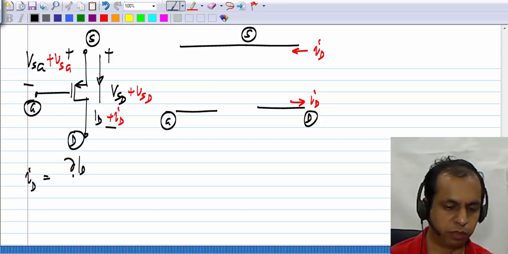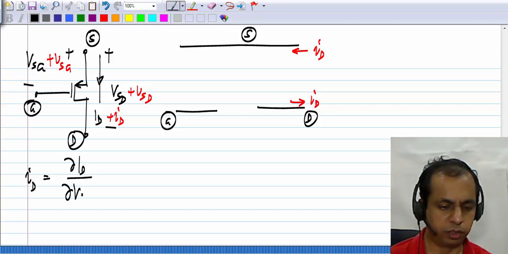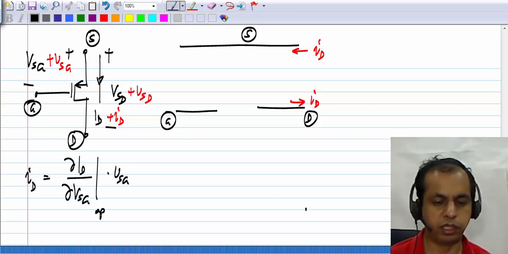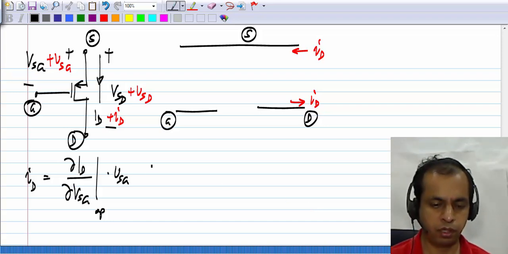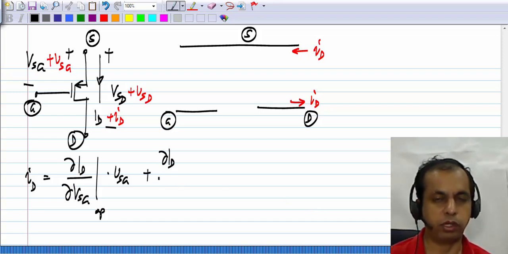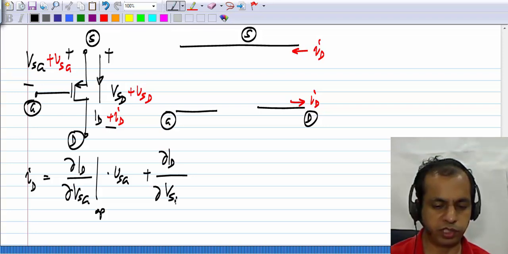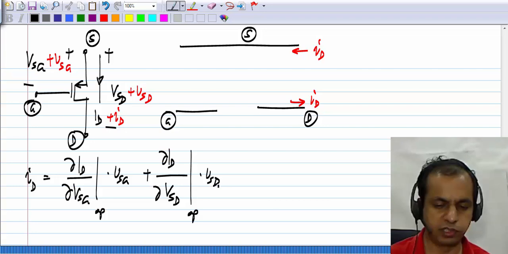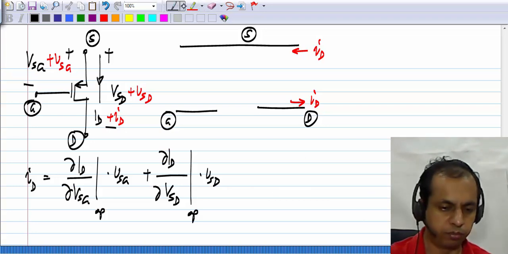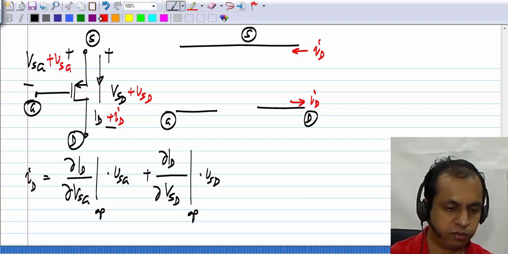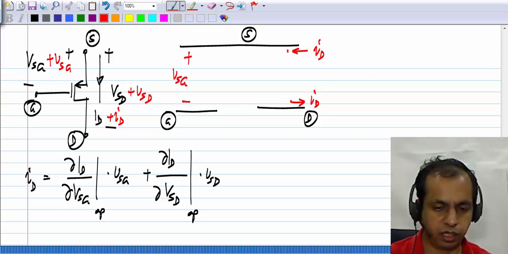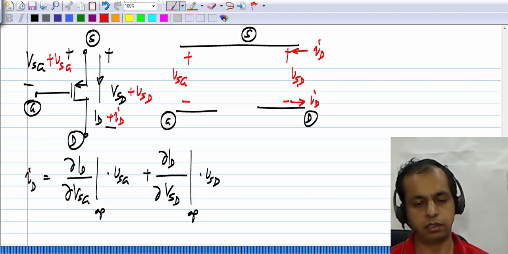It is the partial derivative of ID with respect to VSG at the operating point times the increment vsg, plus the partial derivative of ID with respect to VSD, again at the operating point, times the increment vsd. So we have vsg over here and vsd over there.